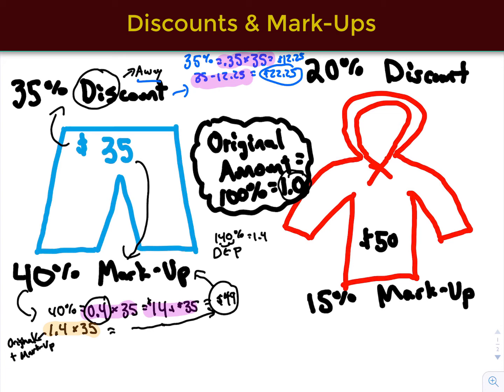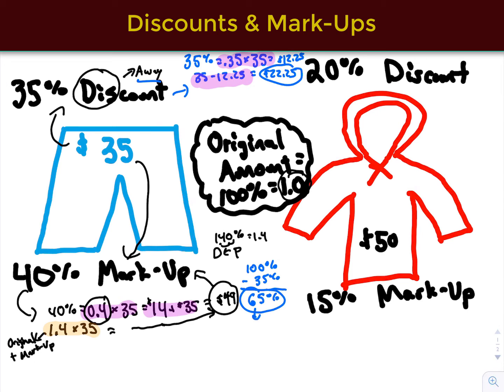If I want to do this in one step, it's very similar to the markup. I have 100% or 1.0, let's use percents this time, 100% minus the 35% discount, because I'm taking away from the price, which leaves me with 65% of the original cost.